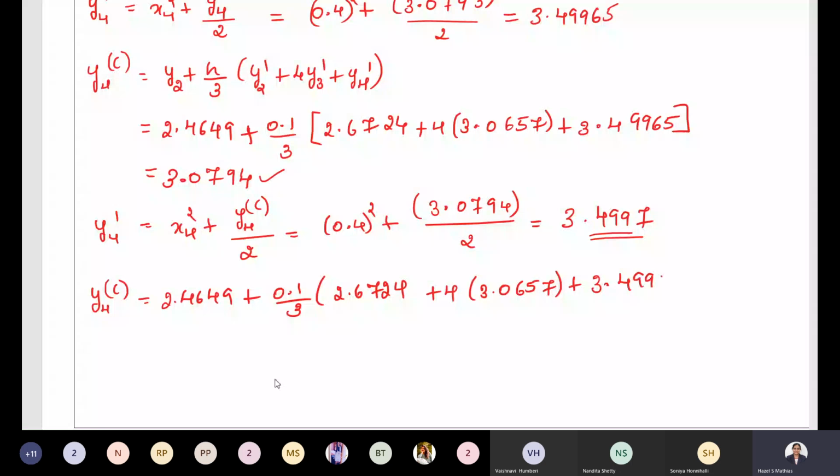So this will be the value of y of 0.4. What is it?